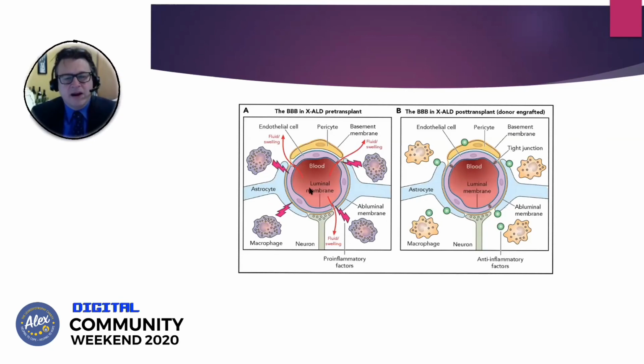And so it's the red arrows, which allows fluid to leak out, and gadolinium, and gets our signal and gives us that ring of the gadolinium signal I showed you on the MRIs. After transplant, something happens to this barrier. We're not sure what, but anti-inflammatory factors or anti-inflammatory cells come in, and the barrier is sealed up, and it's not leaky, and the gadolinium enhancement goes away and is not allowed to leak out.